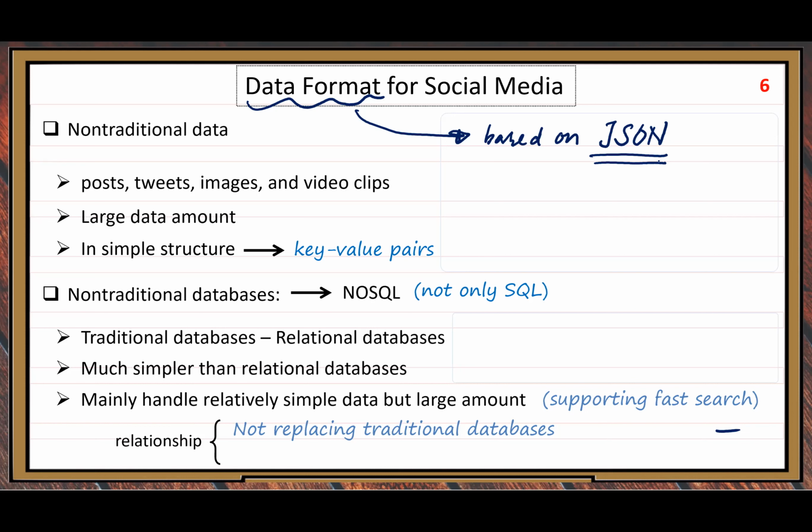It does not try to replace the traditional, because it does not have the relationship part. If you want to explore the relationship between different tables, it's not a good choice.